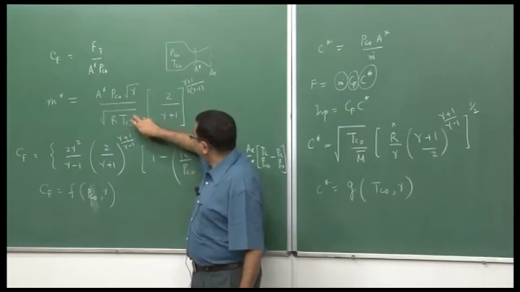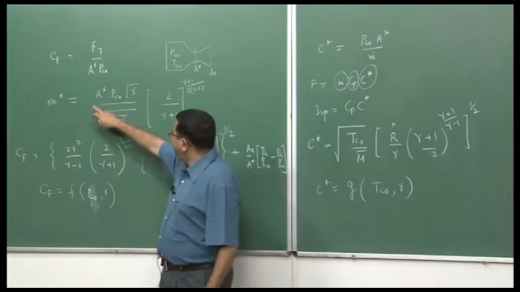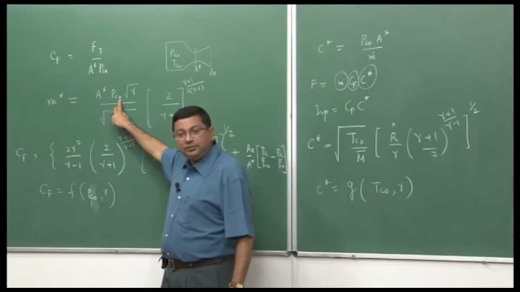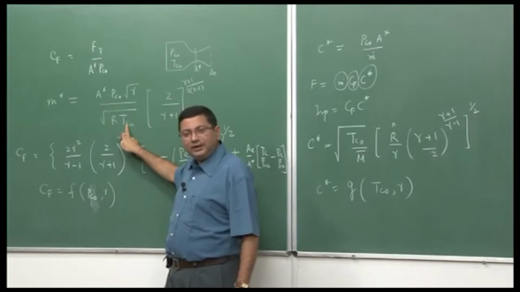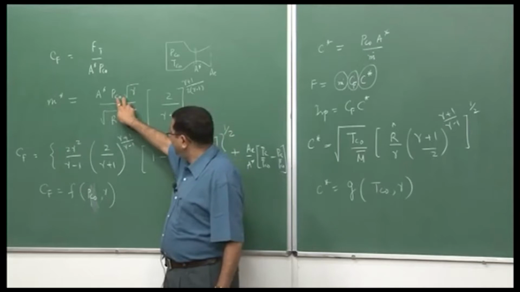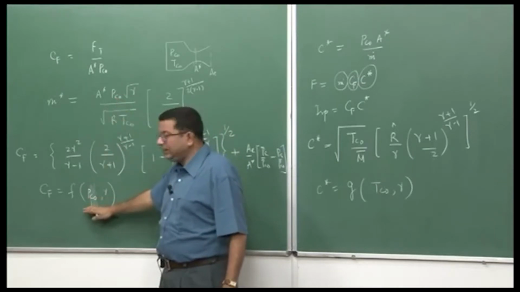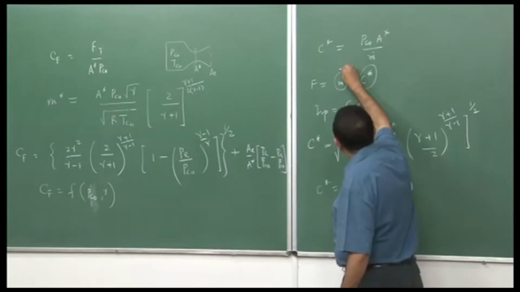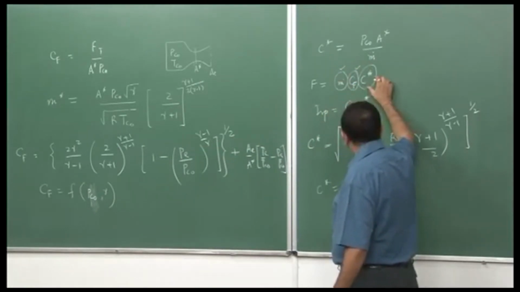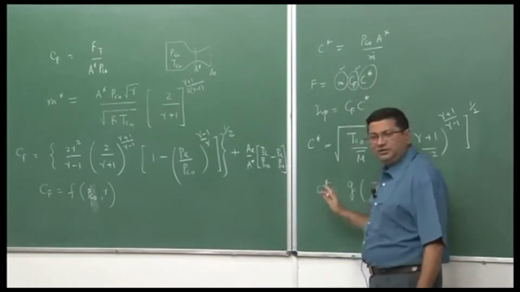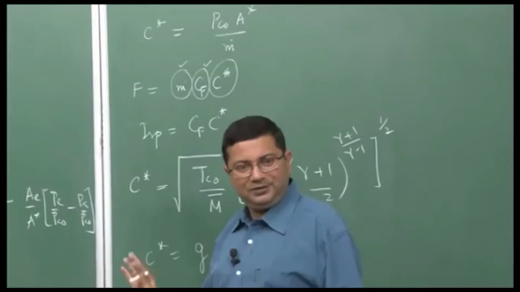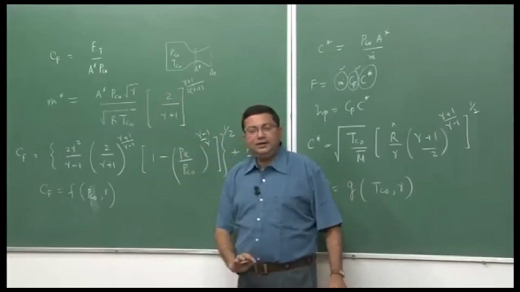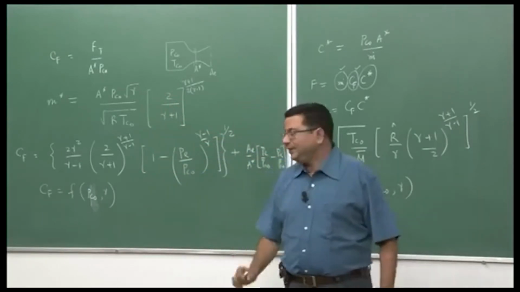So, here is our expression for mass flow rate. We see that in order to increase mass flow rate, we have to either increase the stagnation pressure or decrease the stagnation temperature. If we increase the stagnation pressure, Cf is increasing. So, in this equation both will increase, and C star is not dependent on stagnation pressure to that extent. So, therefore, the thrust is going to increase if we increase the stagnation pressure.